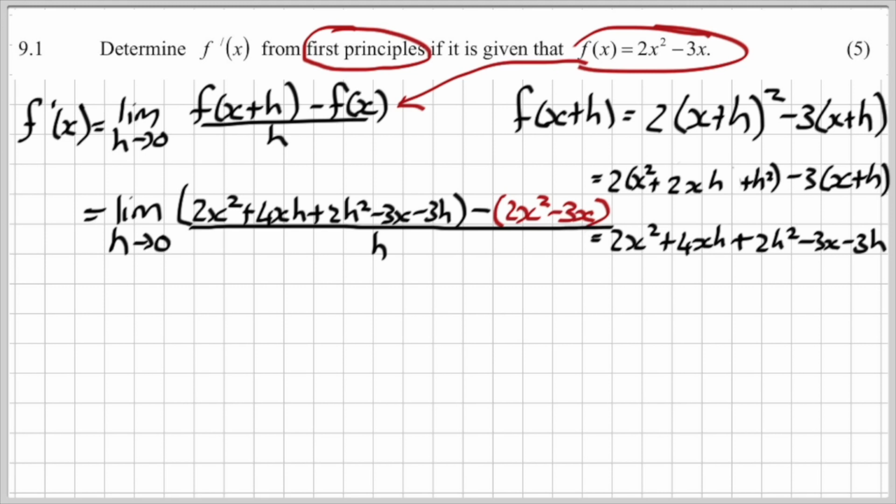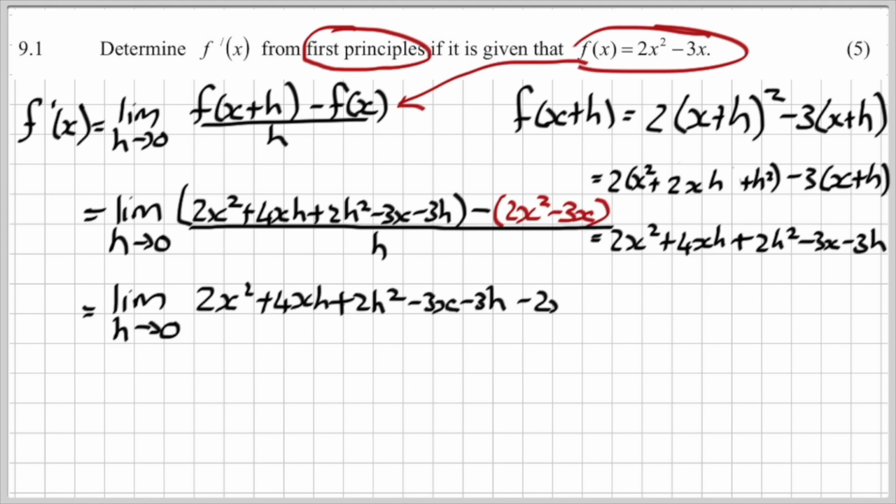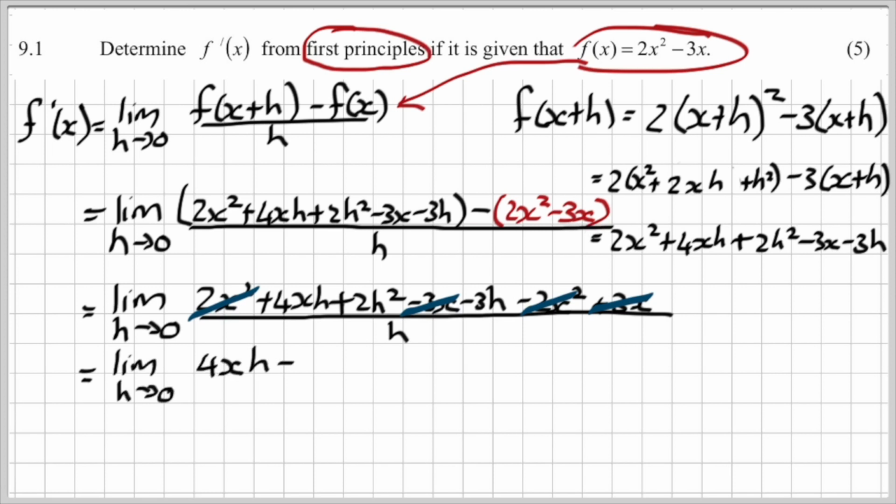I'm going to now simplify as far as possible. So this means multiplying out that back bracket. So I'm distributing the minus into it, adding and subtracting the like terms, which leads me to that expression.